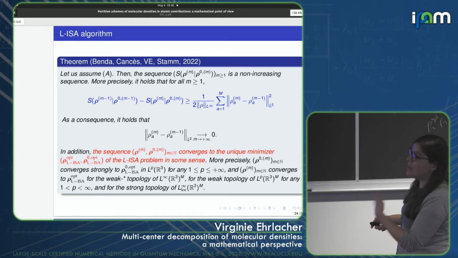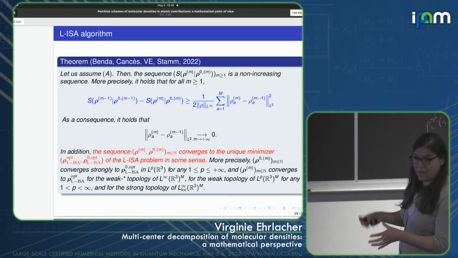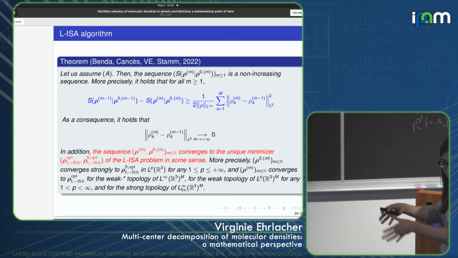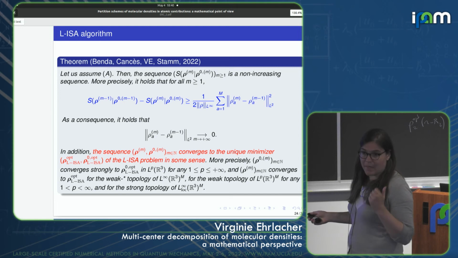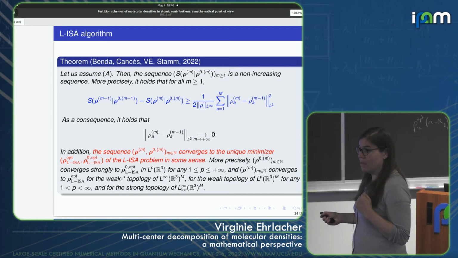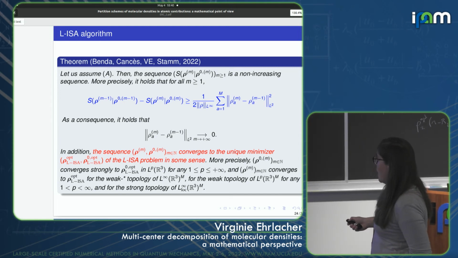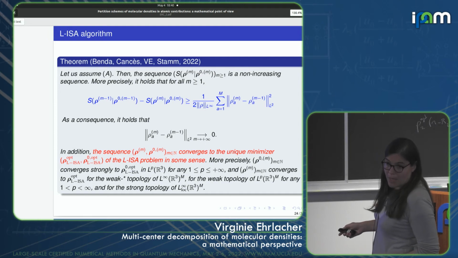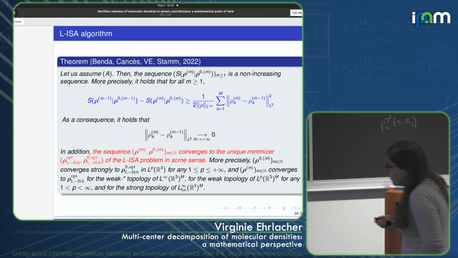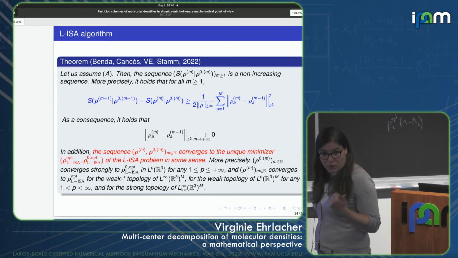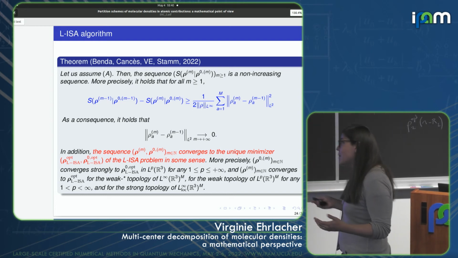And you can prove, because you've restricted the minimization set for this rho 0 to some kind of finite dimensional set, that the algorithm indeed converges to the unique minimizer of the approximate minimization problem. And this converges in some sense. Okay. So, we conjecture that it should still be the case for the full continuous ISA problem, but we are still not able to prove it.